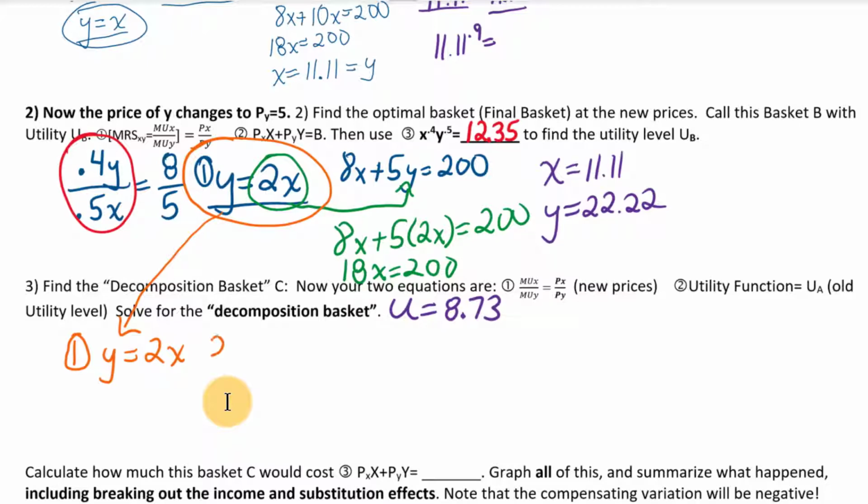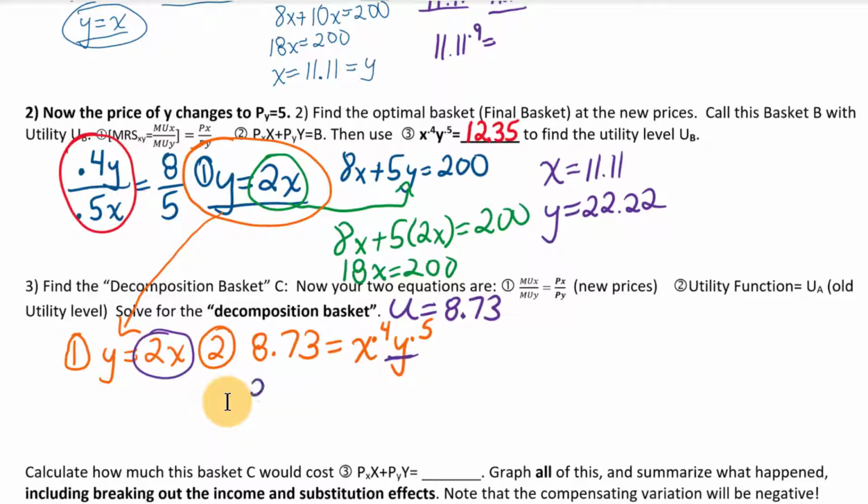Now the second equation, instead of being a budget line, since we don't know the budget, it's going to be this utility equals 8.73 has to be equal to the utility function, x to the 0.4 times y to the 0.5. And so we're going to plug in 2x right here for y.